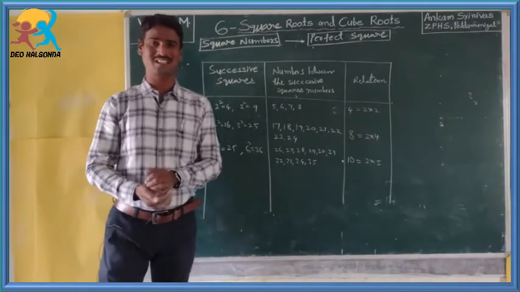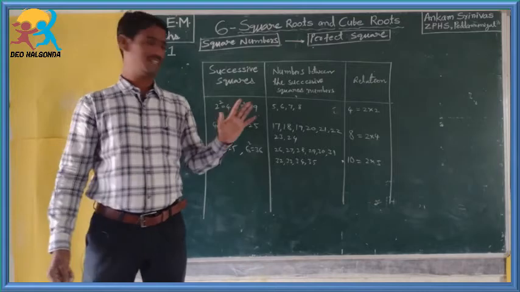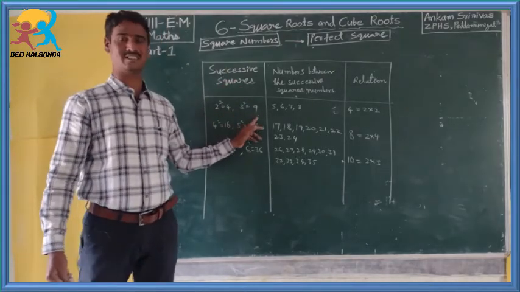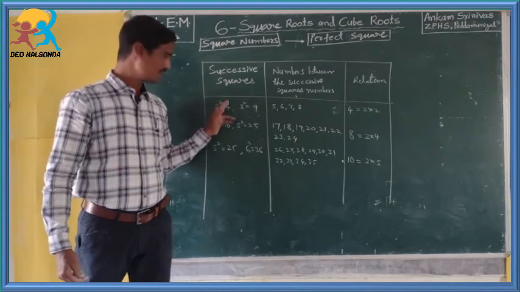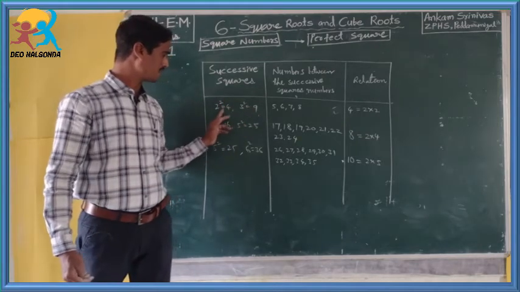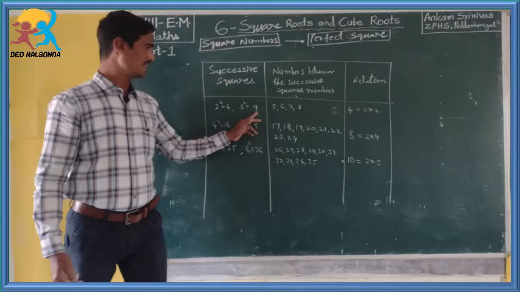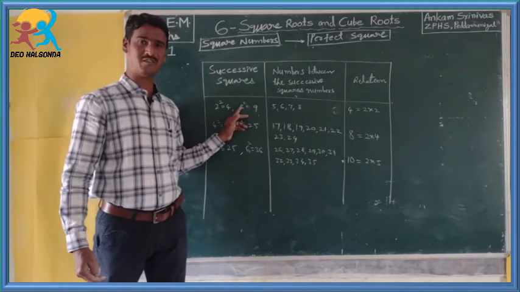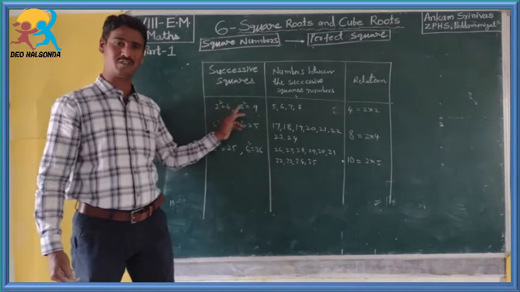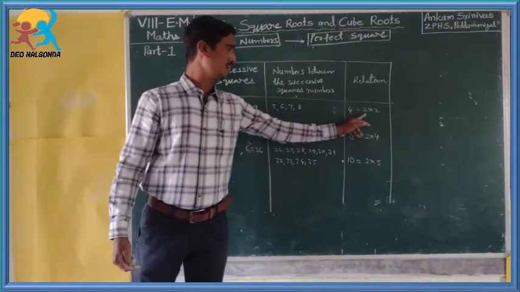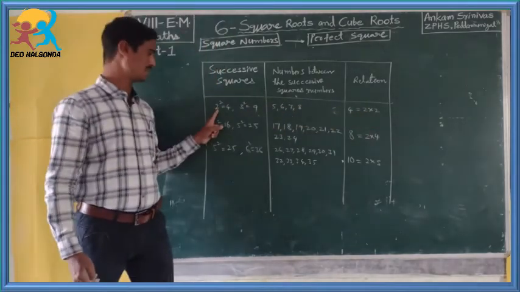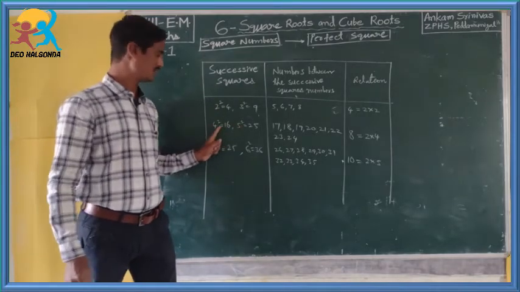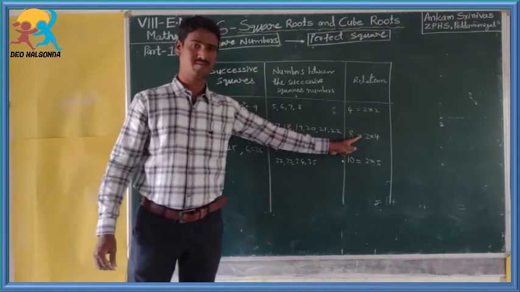What do you observe, children? The numbers between 2 successive squares, that means 2 successive perfect squares, here 2 square, 3 square: the number of numbers between 2 square and 3 square is 2 into 2, a small number. Between 4 square and 5 square, 2 4s are 8.